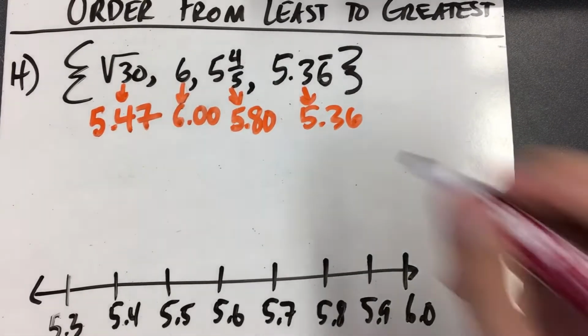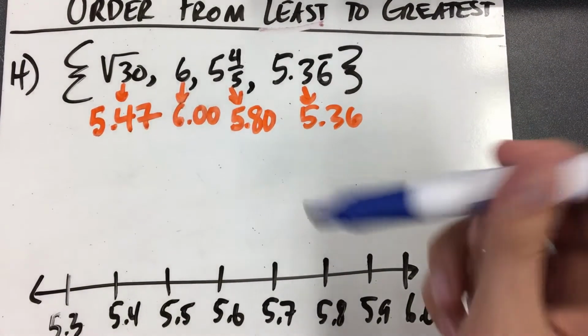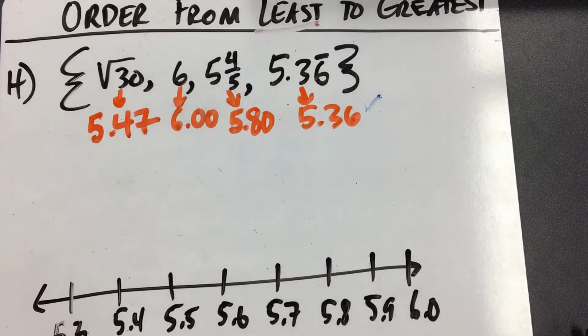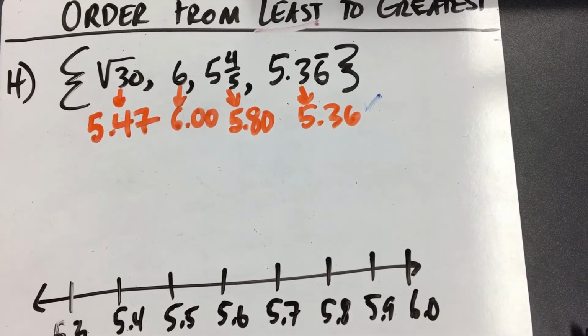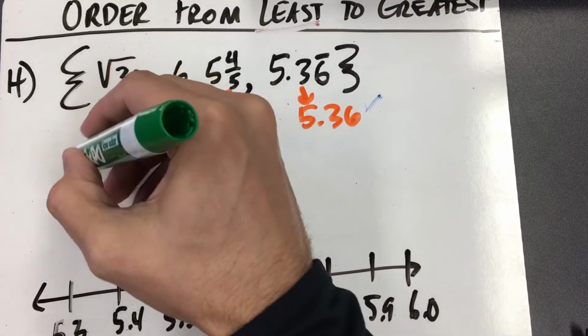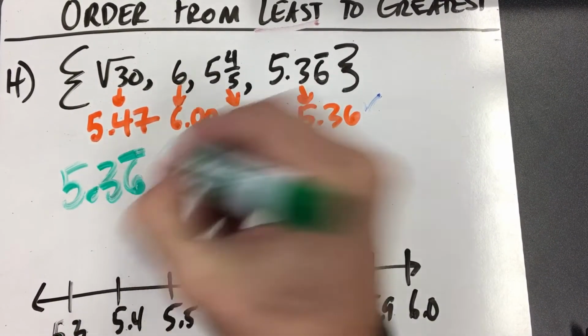The smallest one, least to greatest. The smallest one is going to be this one, right? 5.36. Whenever you go least to greatest, or whenever they give you a list, you better not use the decimal, use the actual one they used in the list. So I'm going to say 5.36 with the repeating bar is the smallest.